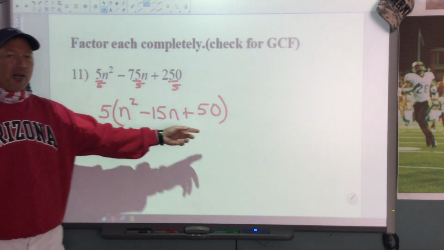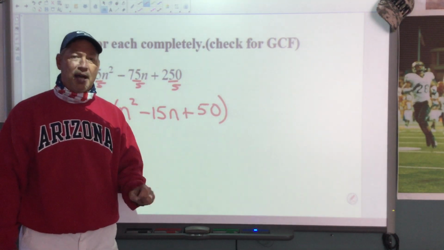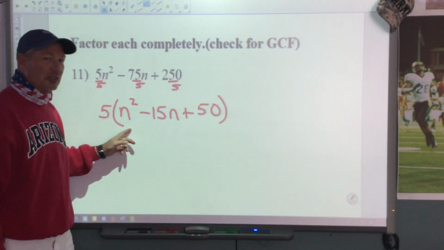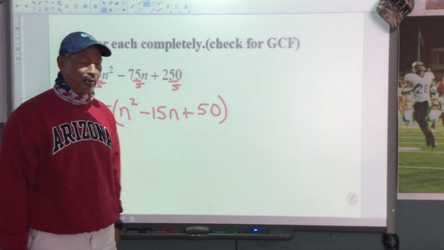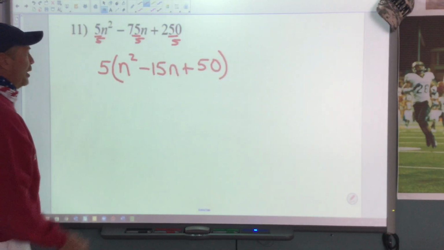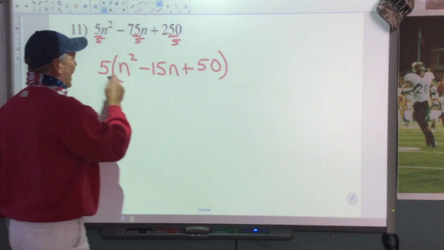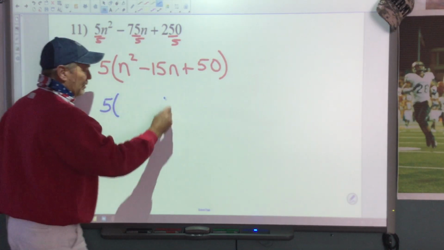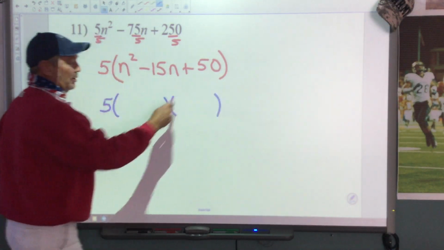Now we have factored out our greatest common factor, but we are not done. We need to keep working this problem. This is just like problem number 1. It's very similar to this. I'm going to ask you to keep the 5 coming down, but we're going to set up our 2 parentheses. We're going to factor this.